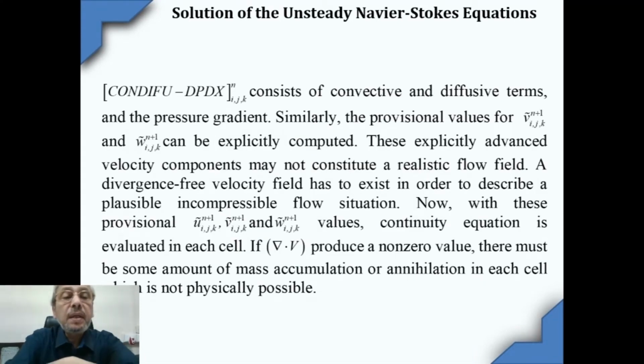Here we have explained that condiff u minus dp dx at point ijk at the level n consists of convective and diffusive terms and the pressure gradient. Similarly, the provisional values of v_ijk at the level n plus 1 tilde and w_ijk at the level n plus 1, again provisional tilde, can be explicitly computed.